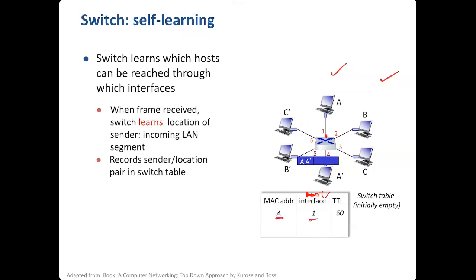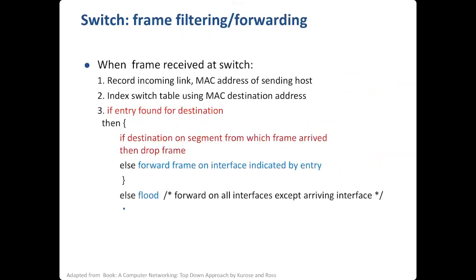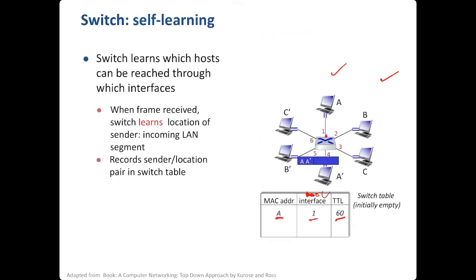Then it says that it should be live for only 60 seconds or something like that. Okay, so now it has done some learning. And when A dash responds back, then the switch will learn that it's connected to 4.